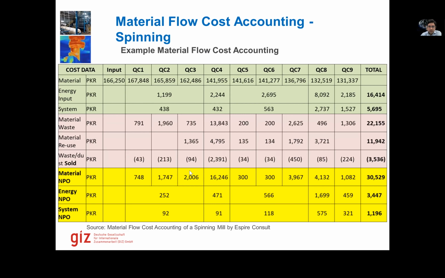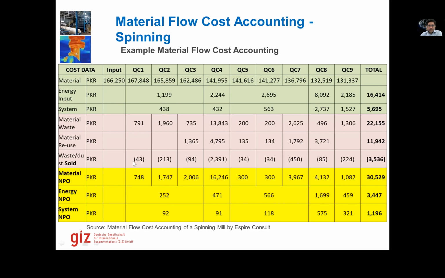So this is a sample cost calculation for you. For example, these are values in Pakistani rupees, because this was a Pakistani company. So we have converted all the quantities now into Pakistani rupees, as you can see. The output quantities then have these values, and then we have energy input values coming here in monetary terms, and waste values.